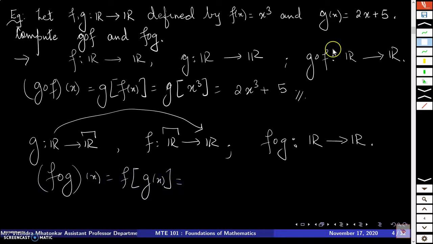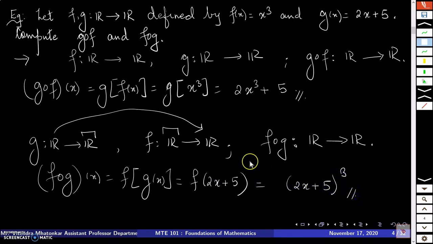but g of x is nothing but 2x plus 5, so that will be f of 2x plus 5, and f maps any point to its cube, so f of 2x plus 5 would be 2x plus 5 the whole cube, right? So this is g composite f and this is f composite g.